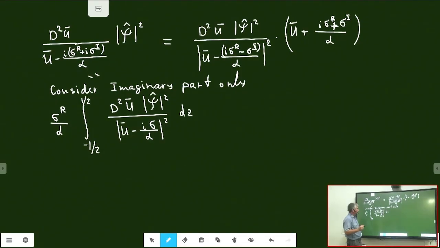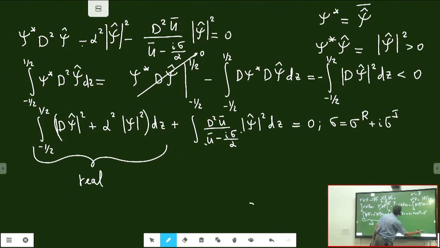Just recollect where it comes from. We are trying to look at this integral here, and we're taking the imaginary part out of it because it cannot be balanced by the other terms. Therefore it has to be 0 on its own. Agree? That's the logic here.